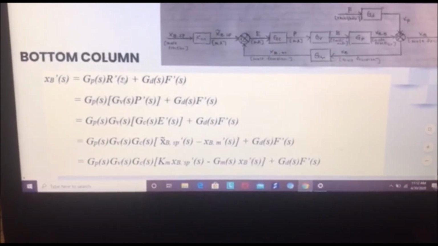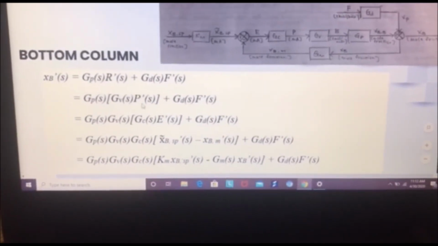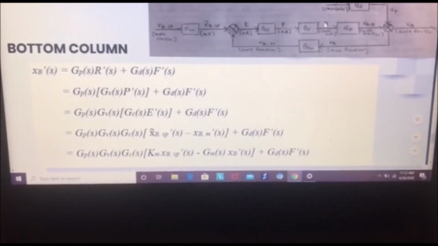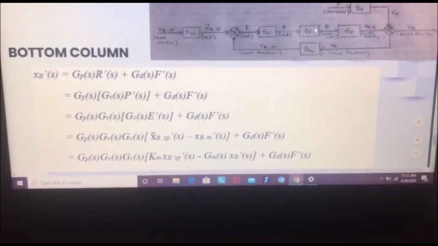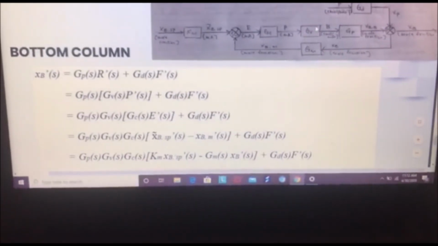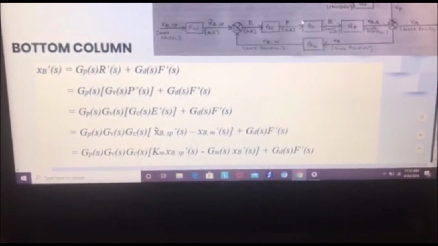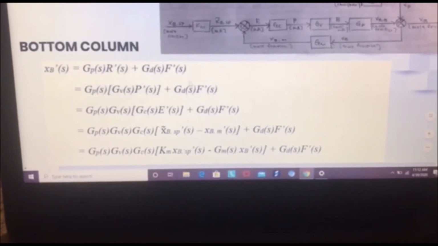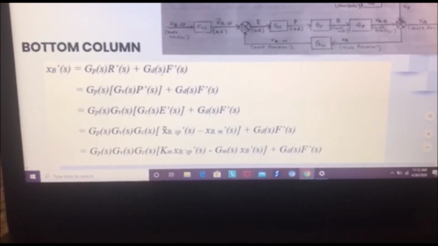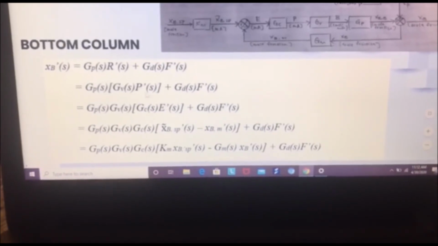The Rs here will be equal to the final control element transfer function with Ps. So we will substitute that in the earlier equation, and the equation will become like this.